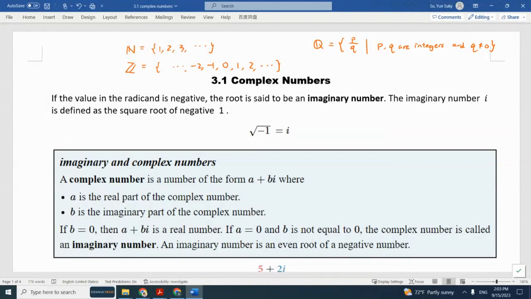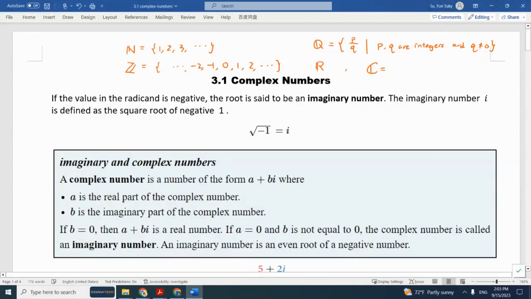And what's the next set of numbers bigger than that? Yeah, irrational numbers and rational numbers together give us real numbers, right? The real numbers. And the one bigger than real numbers is the complex numbers.